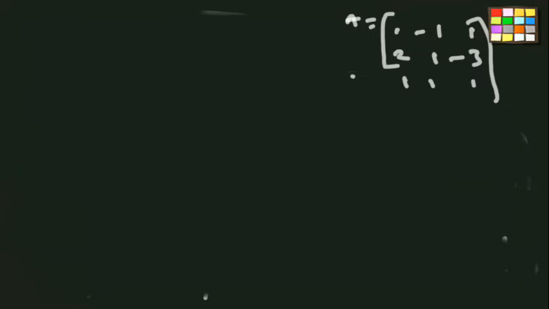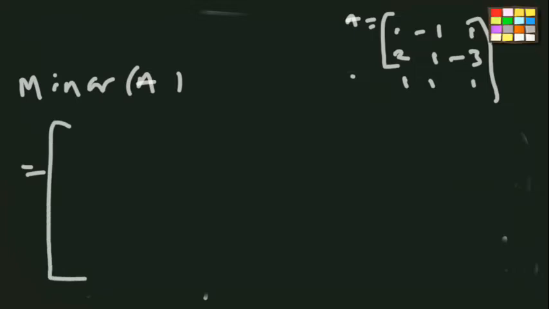Then you write the minor of A. You make a big provision for 9 elements. I repeat, you make a big provision for 9 elements. You write 9 determinants first.